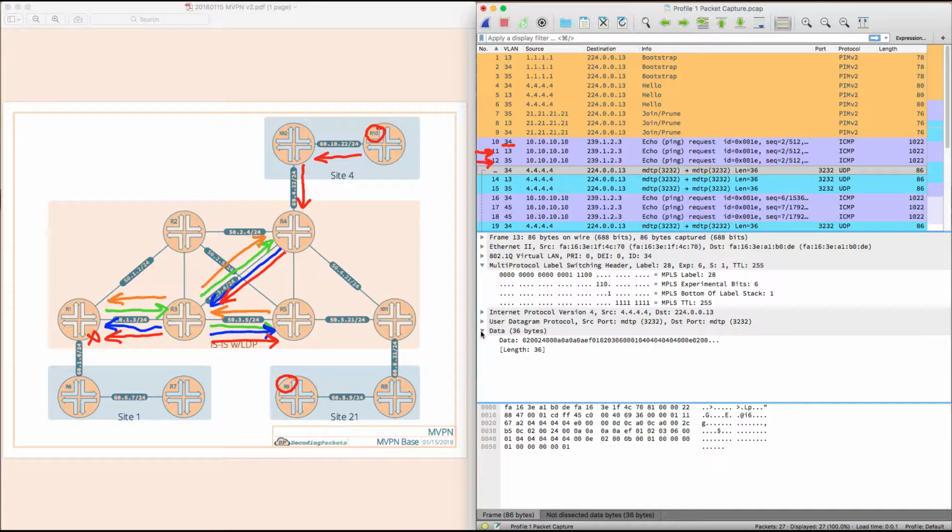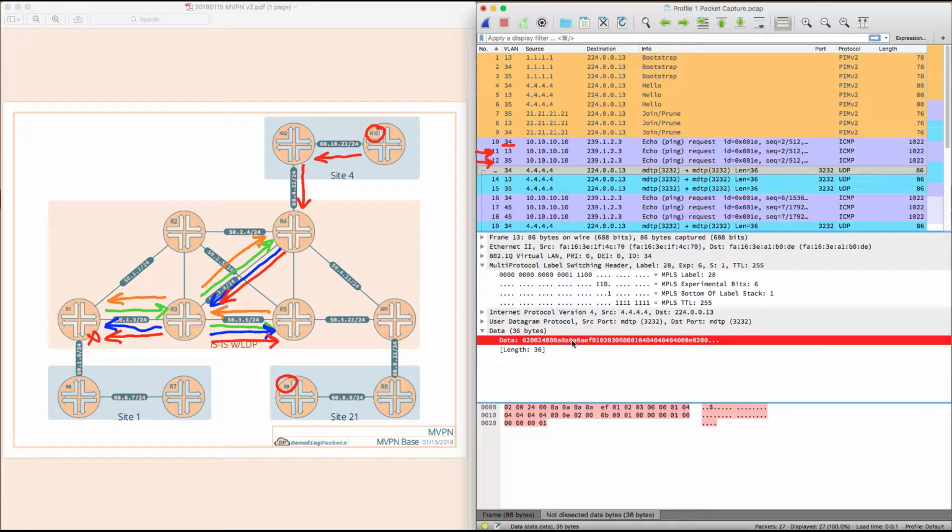Now, I haven't decoded this particular bit here, but essentially what this is signaling, and you can see some bits down here, you can see 4444. So 4444 would be the PE, or if you think about it in terms of PIM, this would be the P source, but 4444 is intending to signal this.